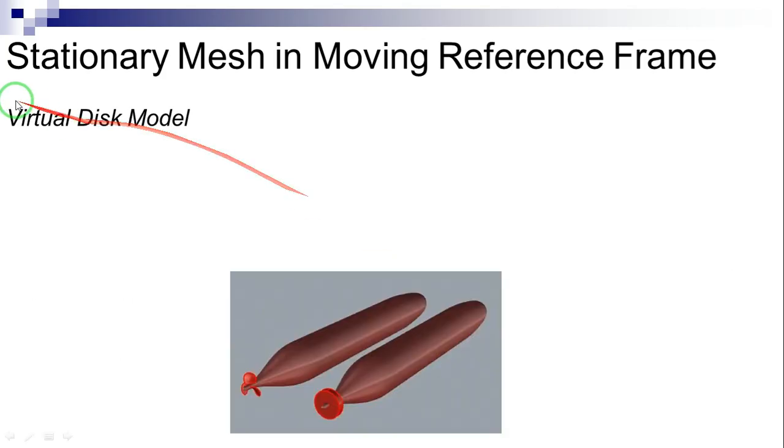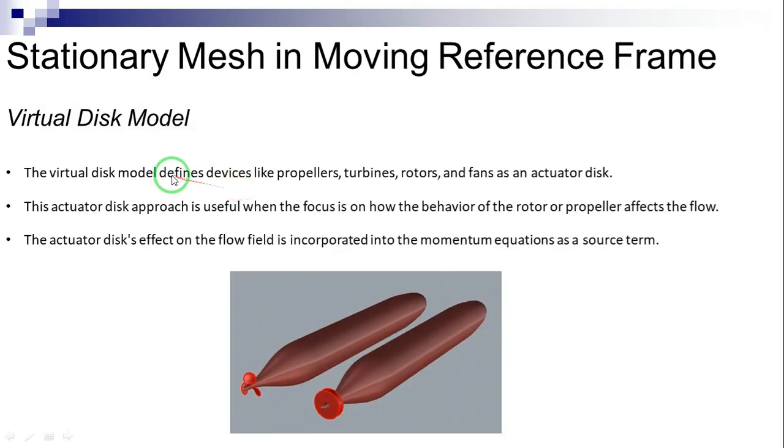Virtual disk model. The virtual disk model defines devices like propellers, turbines, rotors, and fans as an actuator disk. This actuator disk approach is useful when the focus is on how the behavior of the rotor or propeller affects the flow rather than understanding the specific interaction between the flow and the blades of the rotating device.